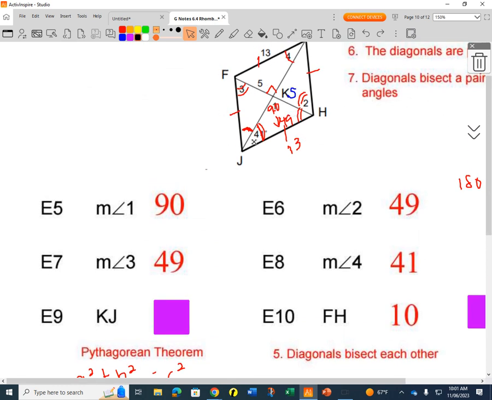This diagonal bisected this one, so if this is 5, then this has to be 5, which makes the whole length of the diagonal 5 times 2, or 5 plus 5. Any questions? Alright, you guys caught up with me? Can I move on?